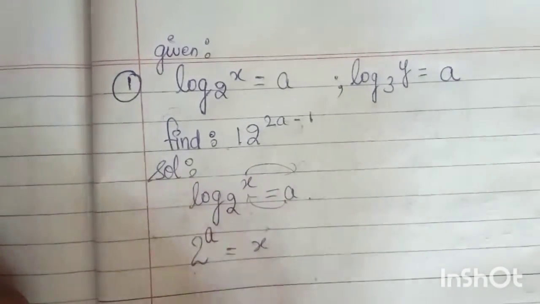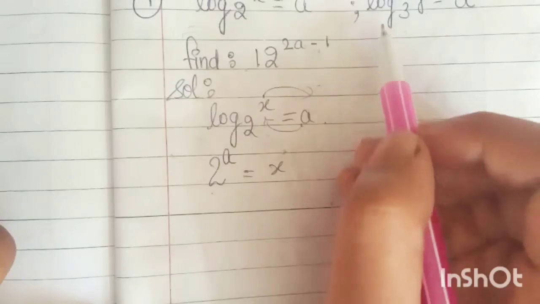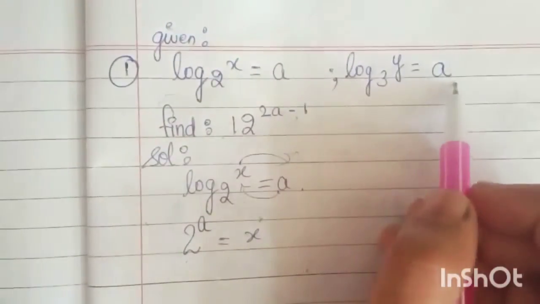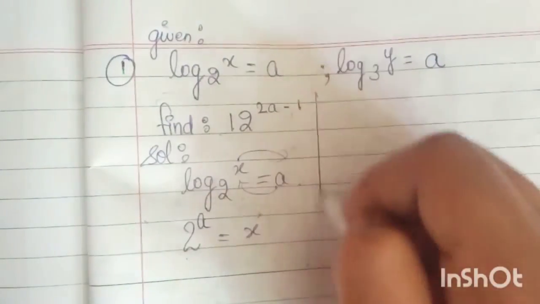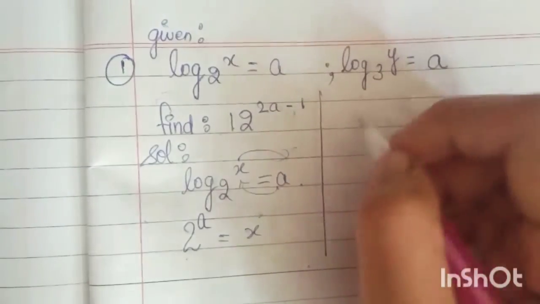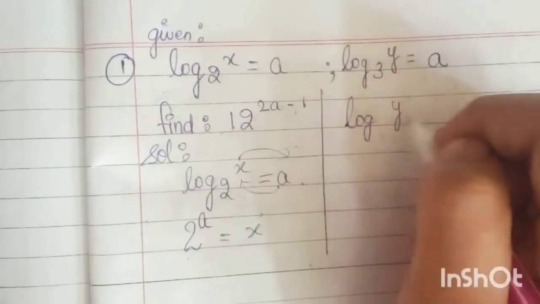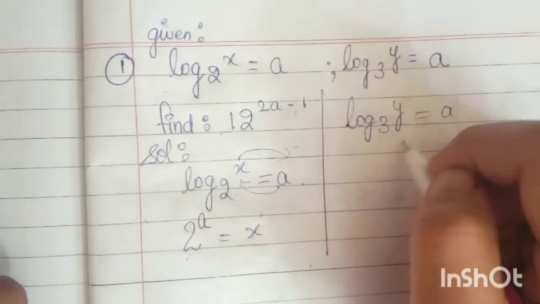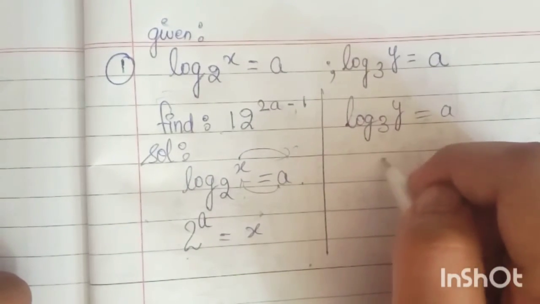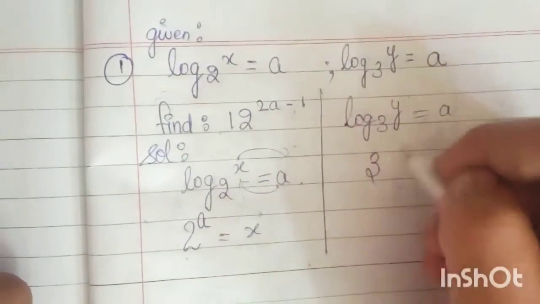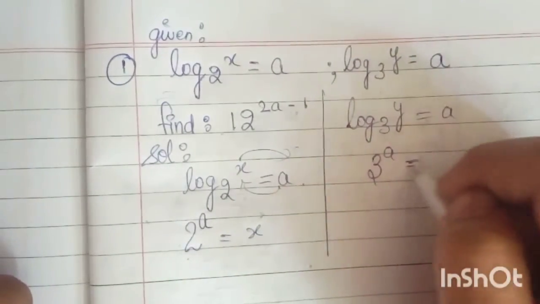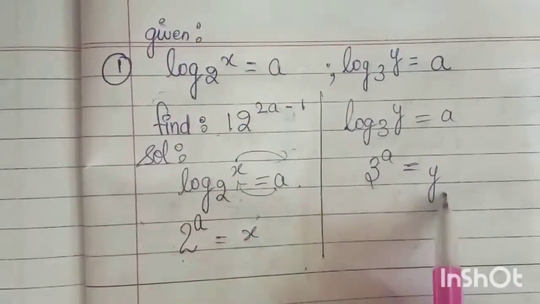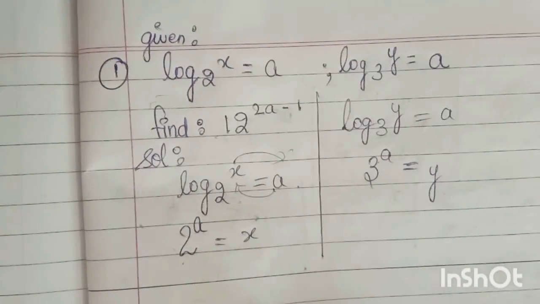This is one equation. And the next is this one. For this, log y to the base 3 is equal to a. This is also the same. Base same, this comes here and y goes to that side. So I have these two values, y and x.